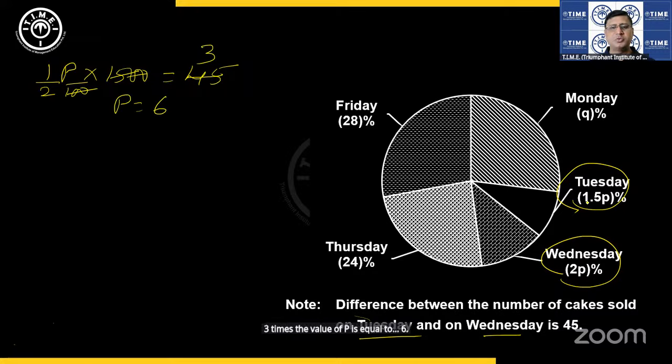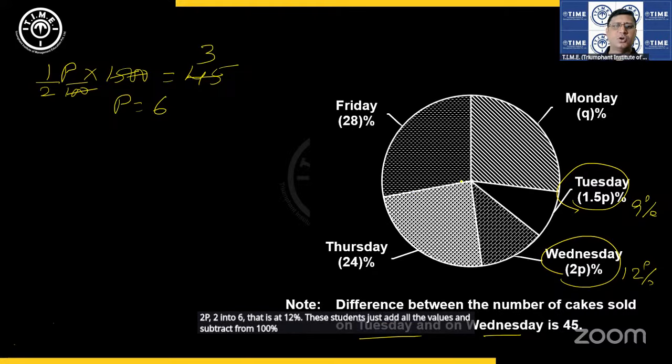P is equal to 6, so 1.5p is 1.5 into 6, which is 9. Tuesday is 9%. 2p, 2 into 6, that is 12%. Dear students, just add all the values and subtract from 100% to get the value of Q. Now add all the values.